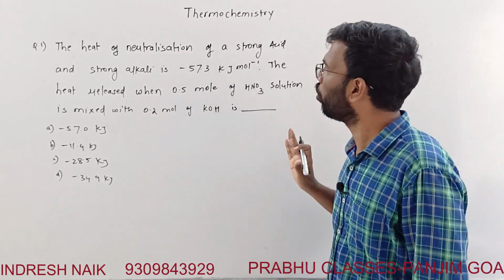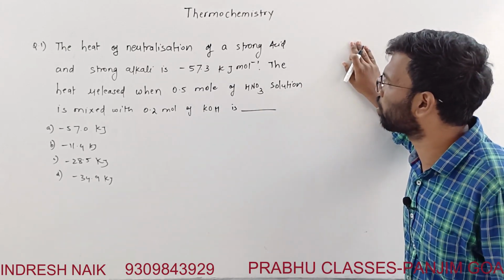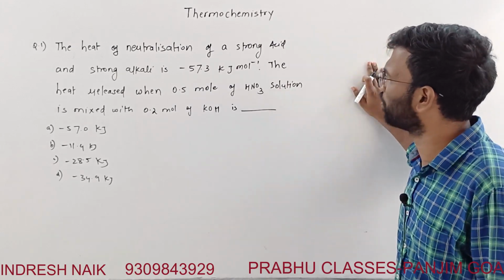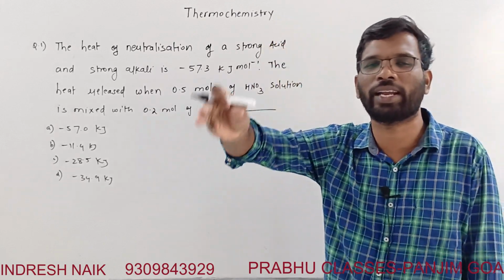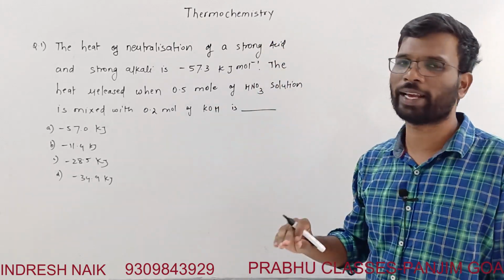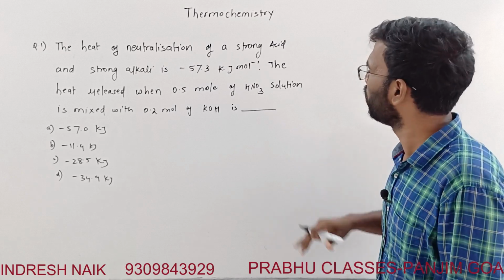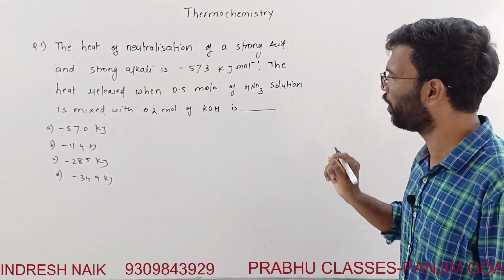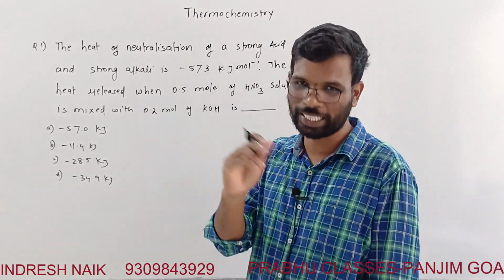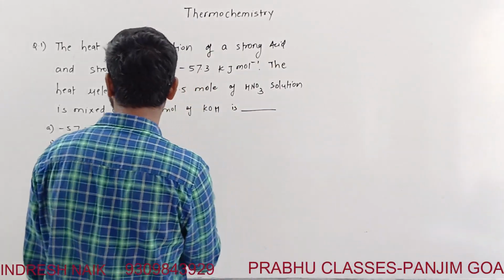So here the heat of neutralization of a strong acid and a strong alkali, alkali means base, is minus 57.3 kilojoules per mole. We know this value is constant for a 1 gram equivalent of a strong acid and a strong base neutralization. The heat released when 0.5 mole of HNO3 is mixed with 0.2 mole of potassium hydroxide is? Now, I'll write the reaction over here.